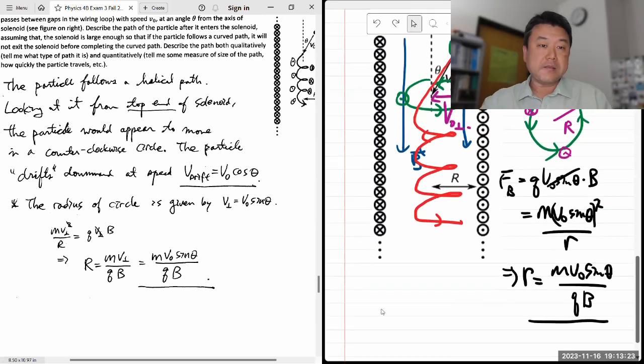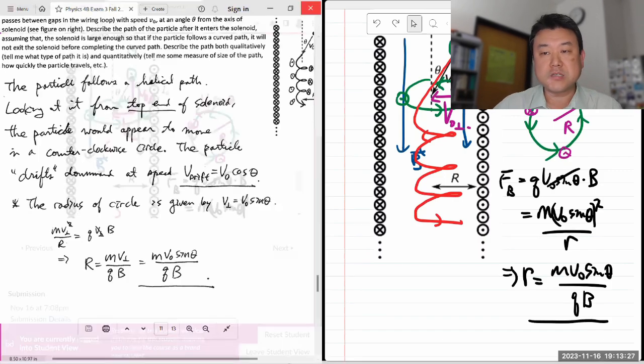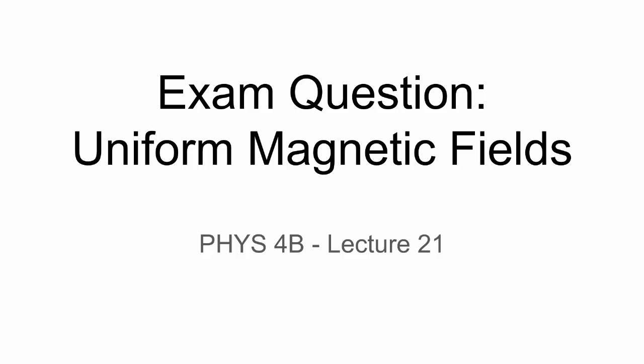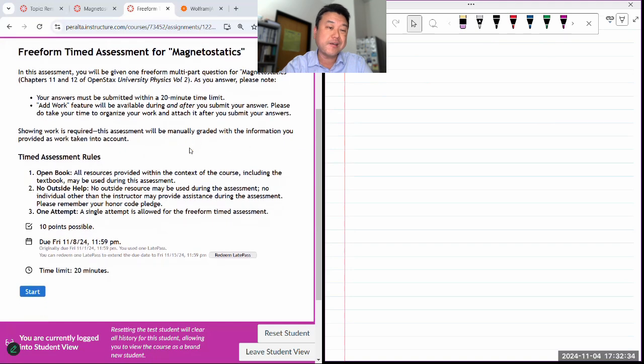So that's the one demonstration of the free-form timed assessment. With the free-form timed assessment, I won't bother with ChatGPT. I'll just do it myself correctly. There is a bit of a chance I'm taking here, because I've done one question of the free-form timed assessment before, and I don't want to do the exact same one twice.